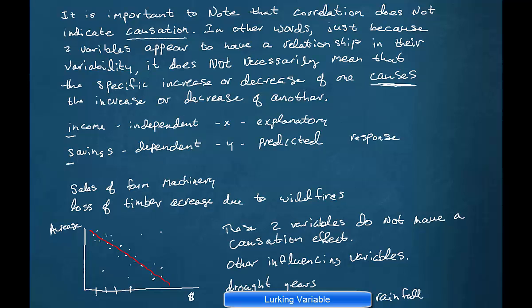At the same time, we have much drier timberland, which increases the potential for wildfire and the loss of timber acreage, which would put us higher then on this axis. So we have this variable that may be causing this effect here, whereas the amount of dollars available for the purchase of farm machinery increases, the amount of acreage lost due to wildfire decreases.